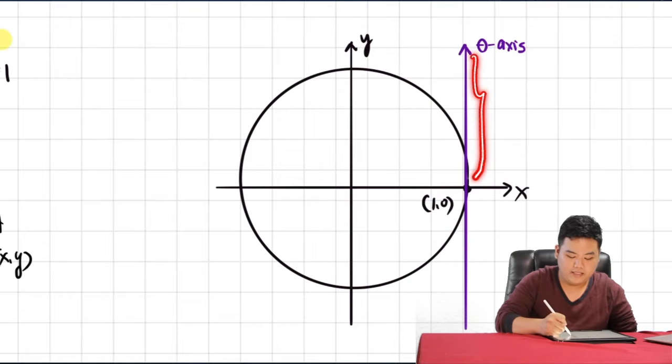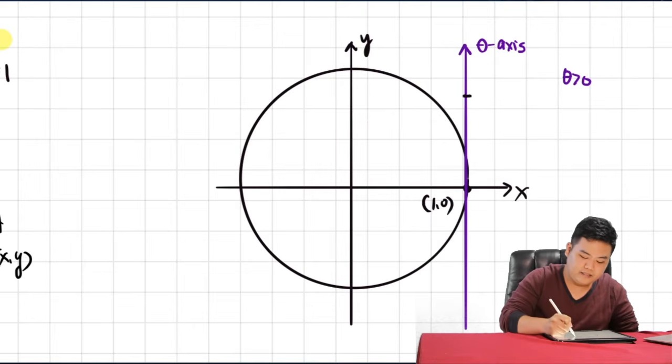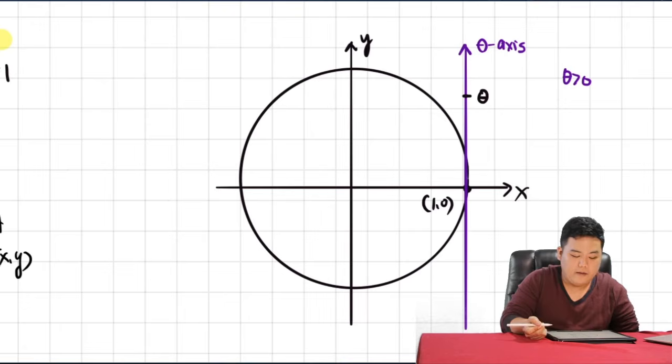So, ito yung positive, dito yung negative. So, yung sa unang case, let's say, theta is positive. So, if theta is positive, somewhere nandito lang siya. Okay? So, anong ginagawa ng point function dito sa theta na to?